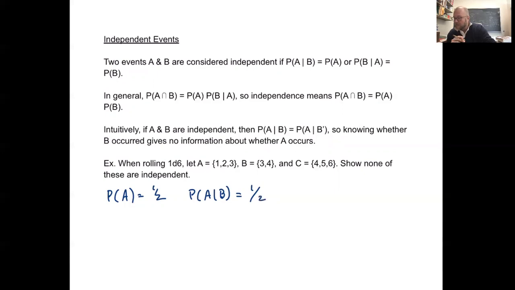Oh man, that's looking wrong, isn't it? I made up this example real quick, and it looks like I might have actually made up two events that are independent here.